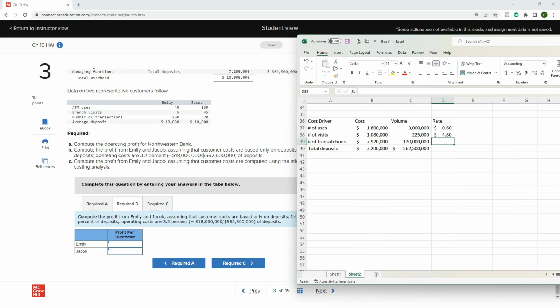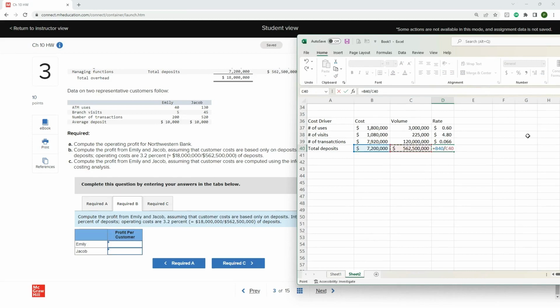Number of transactions, $7,920,000 divided by 120 million transactions, and that gives us a rate of 0.66 cents per transaction.